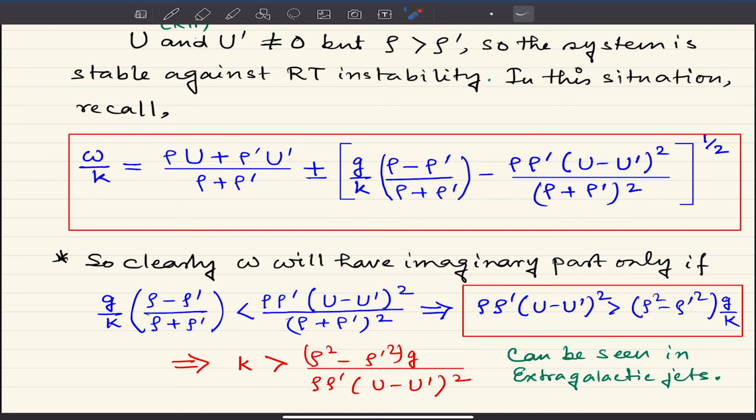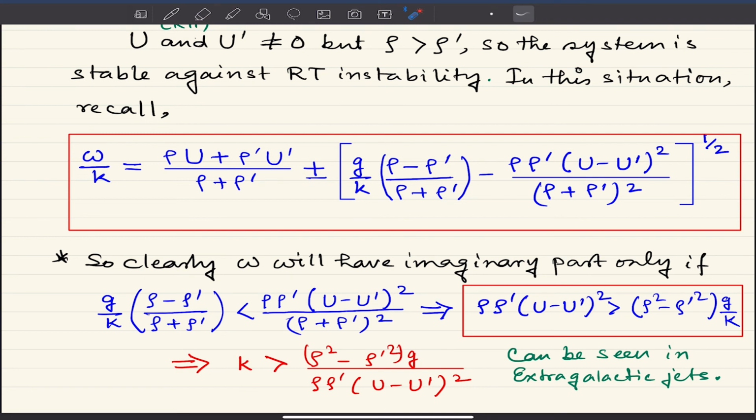In astrophysics, it can be seen in extragalactic jets, where some fluids are spat out by a galaxy from a very localized region and try to mix or go into the very dilute intergalactic medium. Here you can see that k is greater than some critical value, meaning the length scale of the perturbation should be less than some maximum value for the instability.